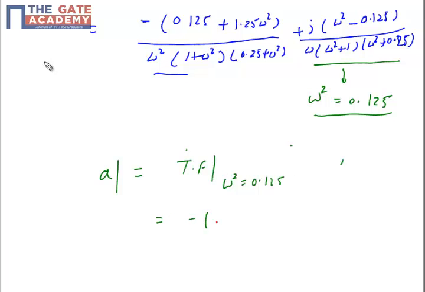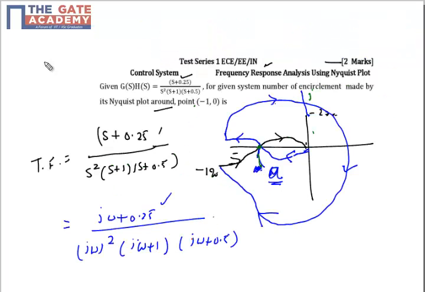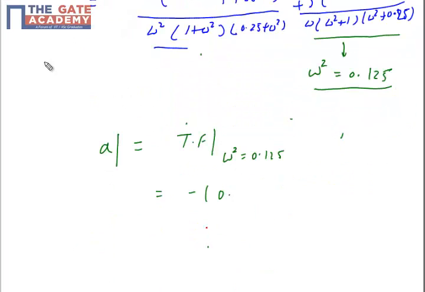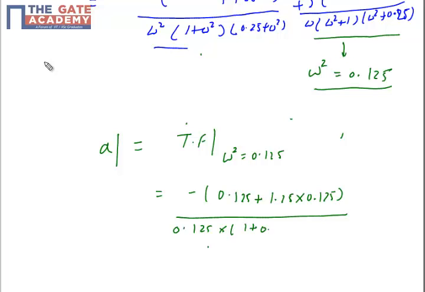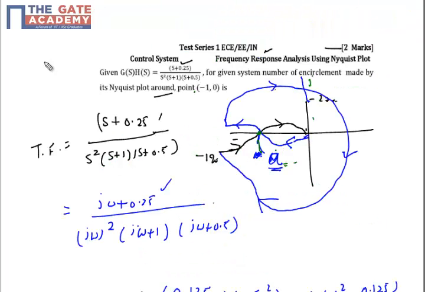Put this value here, so it will be minus of (0.125 + 1.25 into 0.125) upon 0.125 into (1 + 0.125)(0.125 + 0.25). So A comes out to be minus 5.33. So the coordinate of A is minus 5.33.